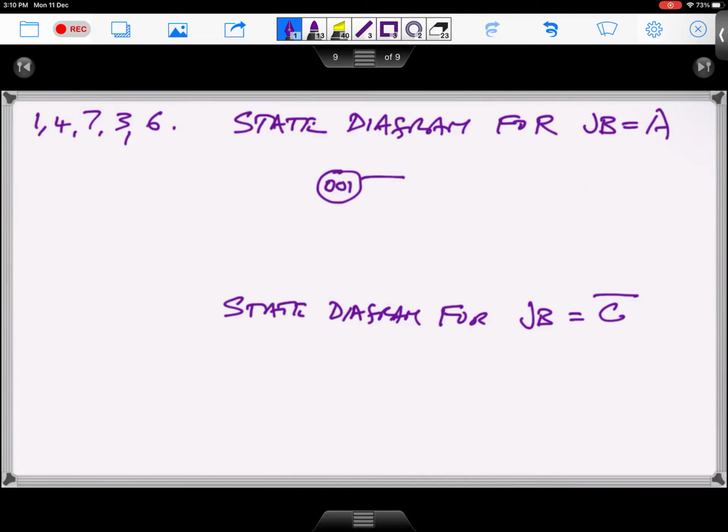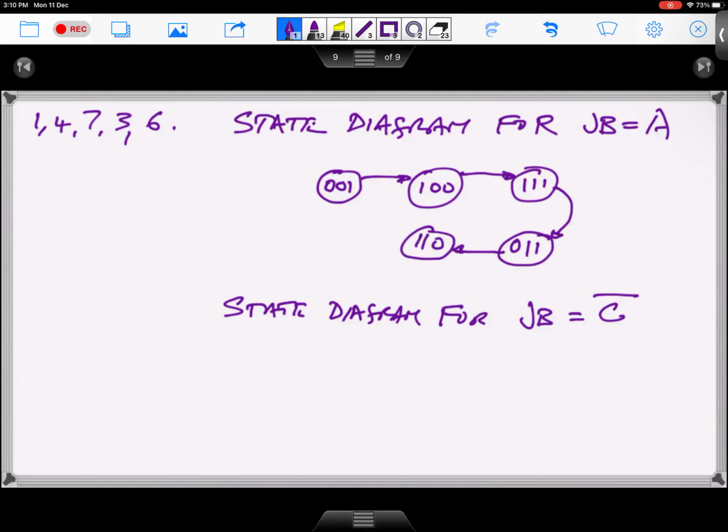1 goes to 4. 4 goes to 7. 7 goes to 3. 3 goes to 6. 6 goes back to 1.